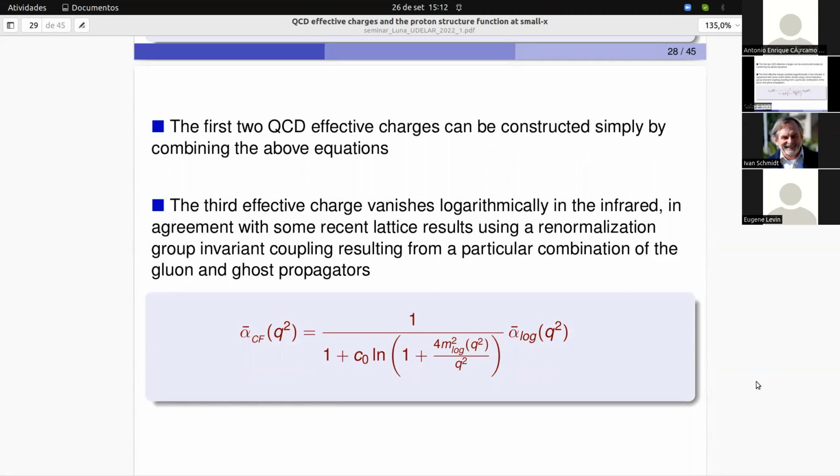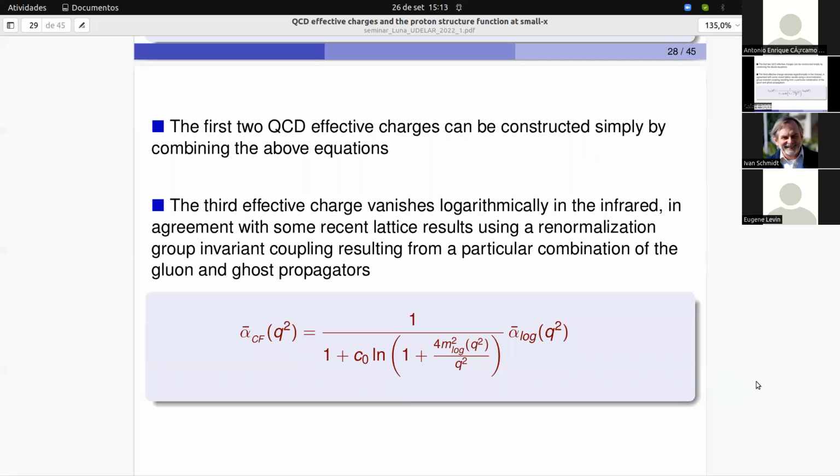So there is another one that can be obtained, not just by saturating, which is what I've done, but if I take the Schwinger-Dyson equation and do the whole procedure, there is a very particular combination to obtain that renormalization group invariant variable that I have shown before. With this combination, we see that it's possible to get a third behavior for the coupling, given by this.